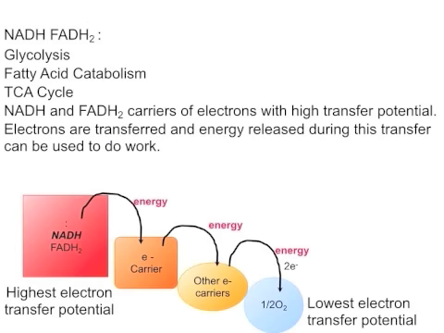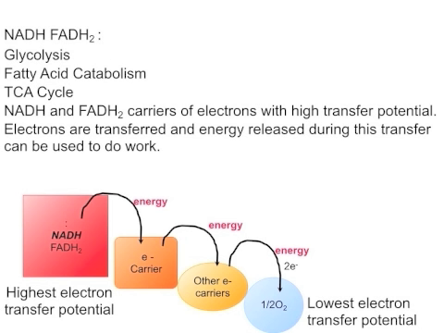And so reducing equivalents like NADH and FADH2 are produced in such pathways as glycolysis, fatty acid catabolism, and the TCA cycle. These are all oxidations of fuels. And now that we have these reducing equivalents, what are we going to do with them? Well, these 2 electron carriers have high electron transfer potential. These electrons can be transferred from carriers of high electron potential to those of lower and lower and lower electron transfer potential.